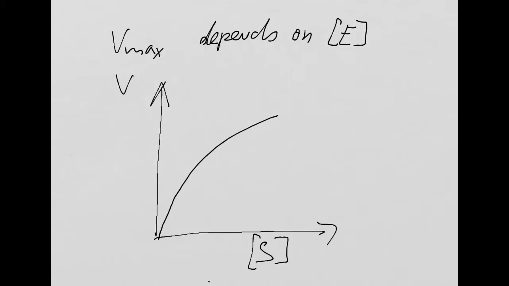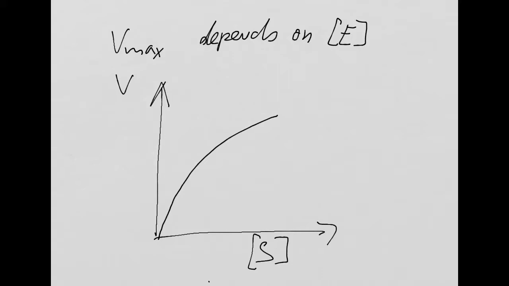Don't do any fancy mathematical things. Where is Vmax? Vmax is the speed at which the enzyme goes maximum.